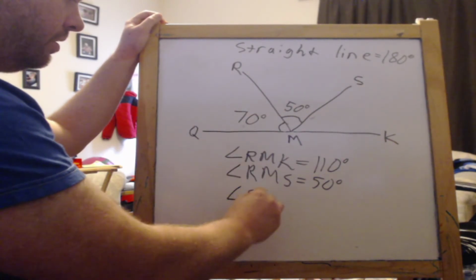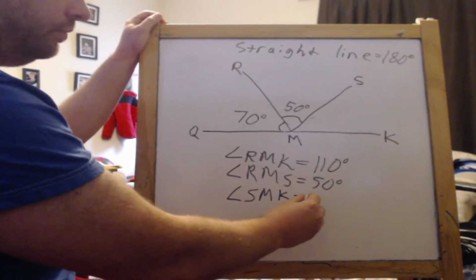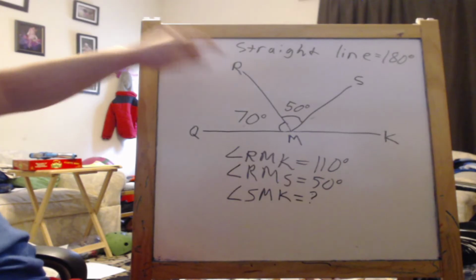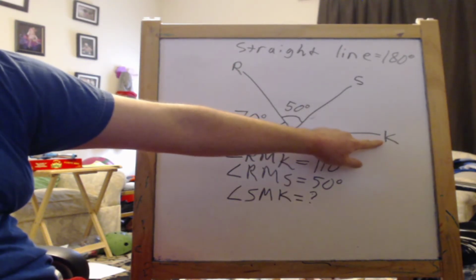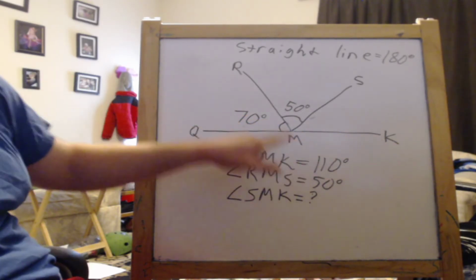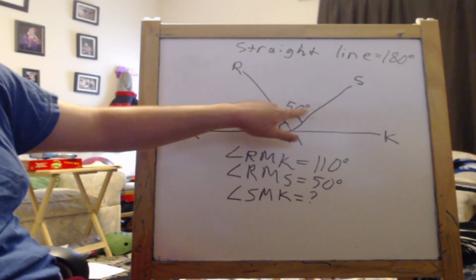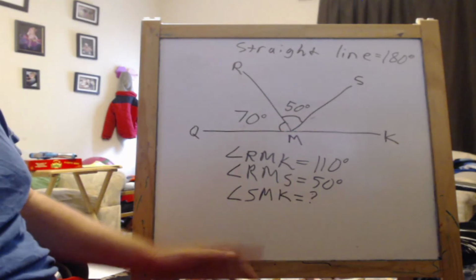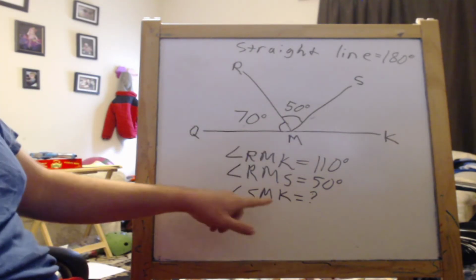Angle SMK. What does that equal? All we're doing is we know that RMK equals 110, and that RMS is one part of RMK that's 50. So we just need to find the other part of RMK, SMK.